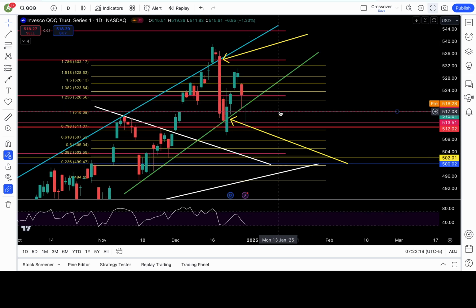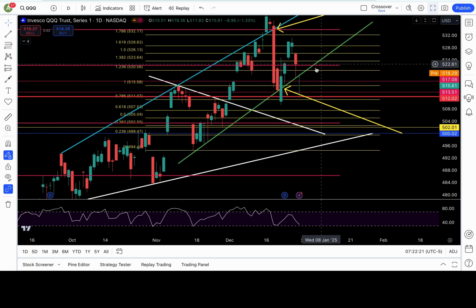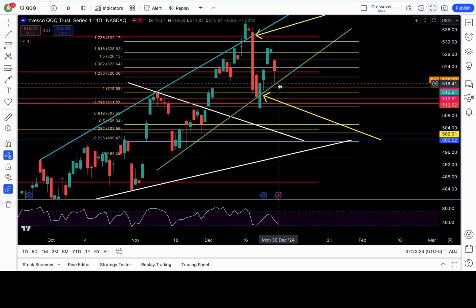Triple Q, you guys see I mentioned that green up trend line yesterday. That trend line also acted as a resistance level.